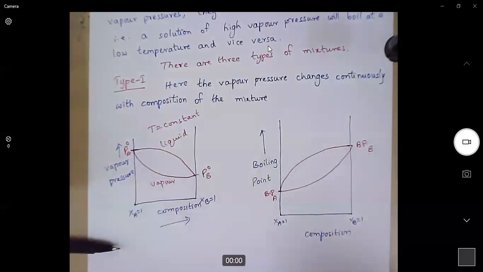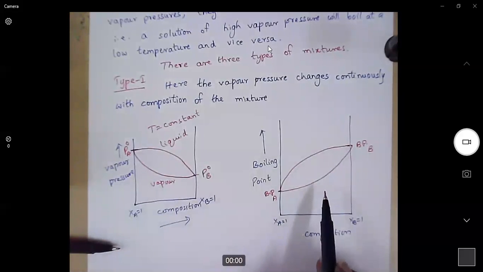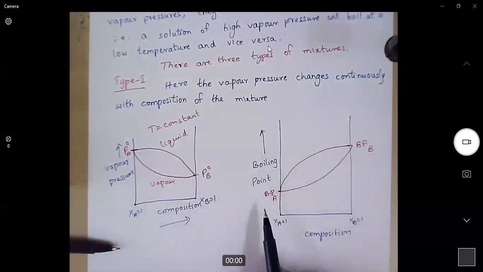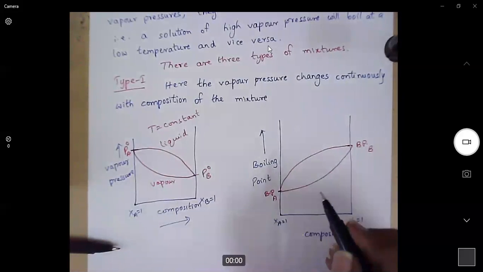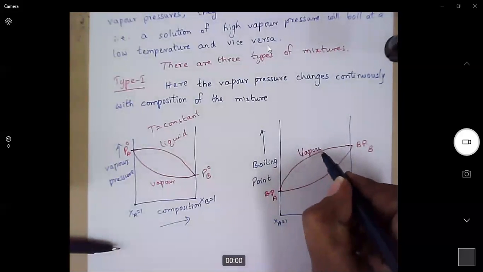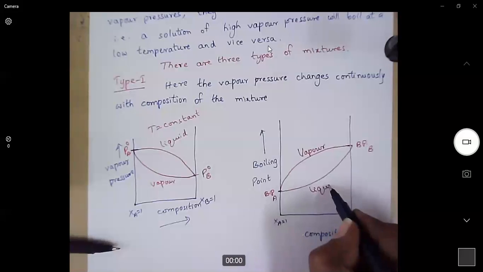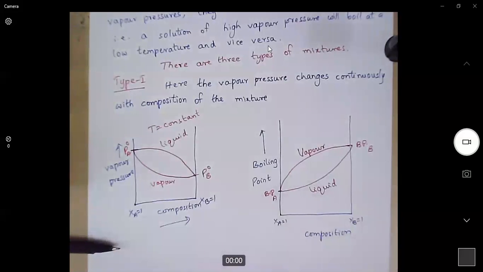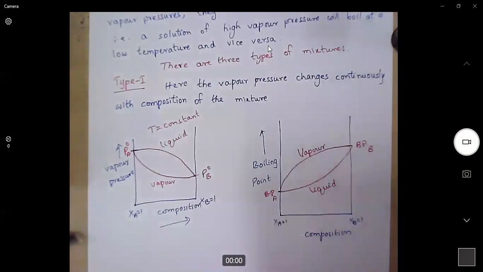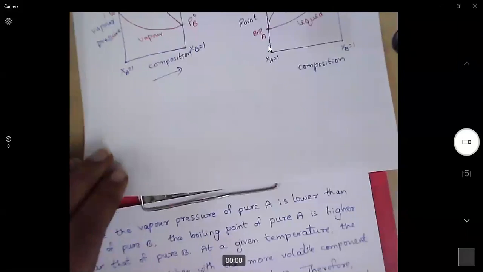So the vapor pressure composition curve is exactly opposite to the boiling point composition curve. Here the vapor curve is above and the liquid curve will be below. These are the type 1 solutions.